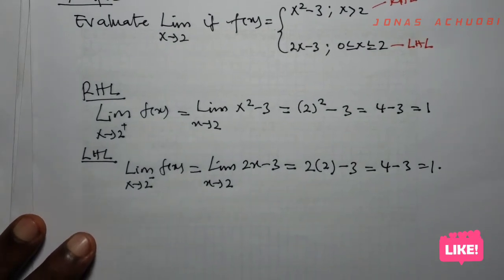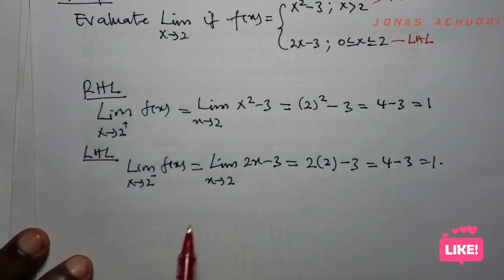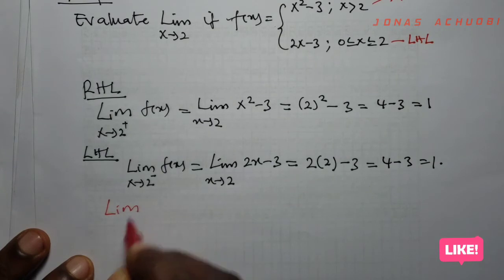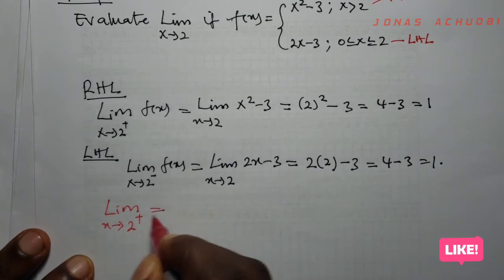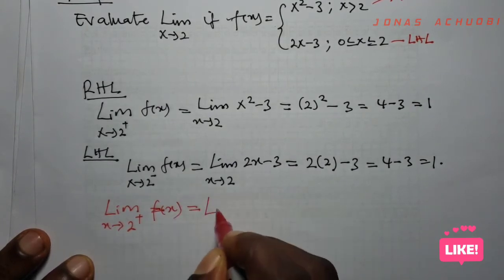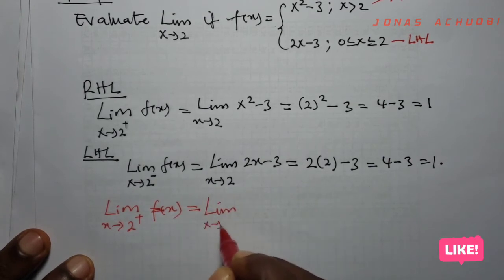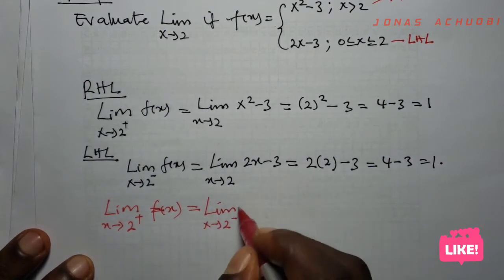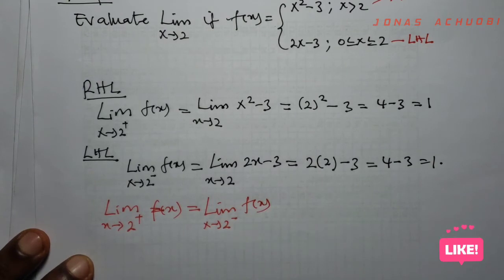What do we observe here? We observe here that the limit as x tends to 2 from the right of the function f of x is the same as the limit as x tends to 2 from the left of the function f of x.